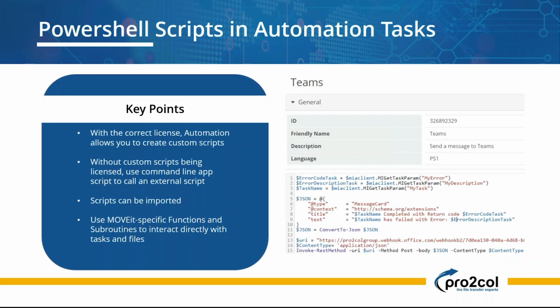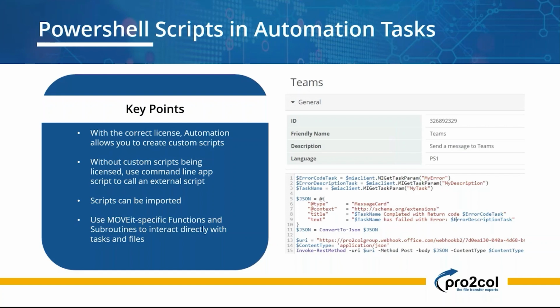So let's take a very quick look at how a PowerShell script sits inside MOVEit Automation. Well, if you want to write your own scripts, PowerShell is an easy choice to go to. There is a lot of content out on the internet for doing stuff with PowerShell. We have ways to interact with MOVEit Automation and affect variables.